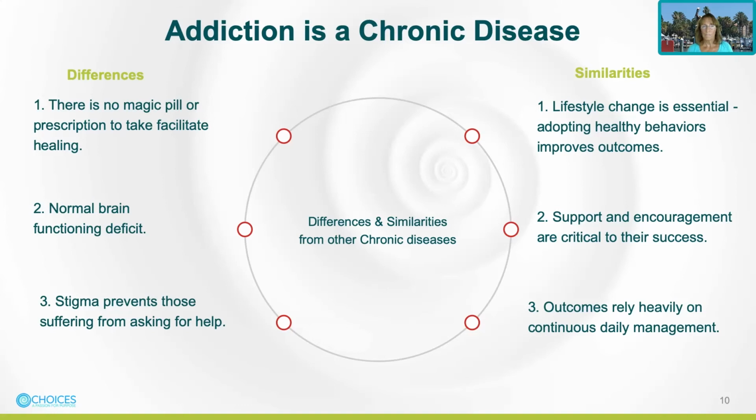There's normal brain functioning deficit with addiction and substance use disorder as a result of prolonged drug or alcohol use. There's a brain functioning deficit that has happened, and we'll look at that in a minute. And number 3, stigma prevents those suffering from asking for help.